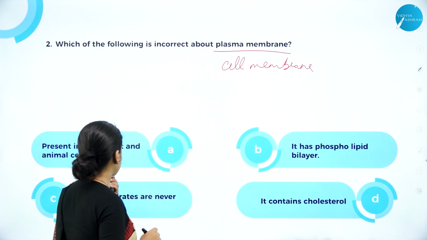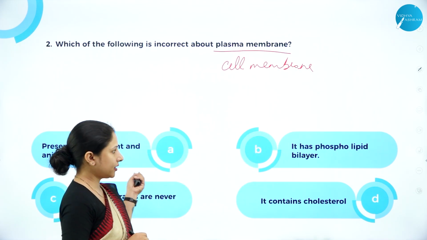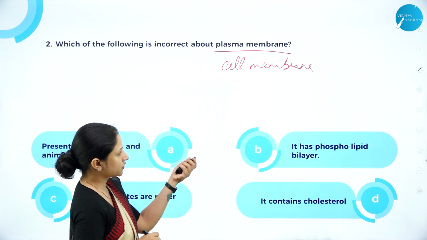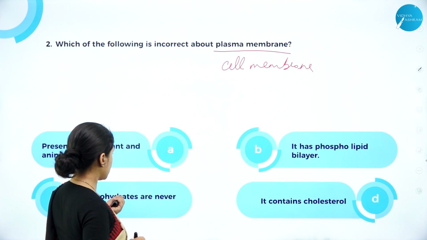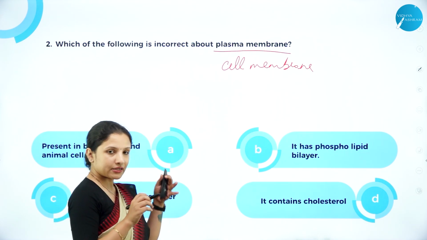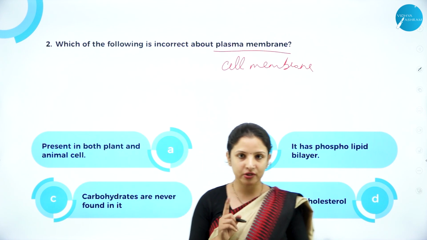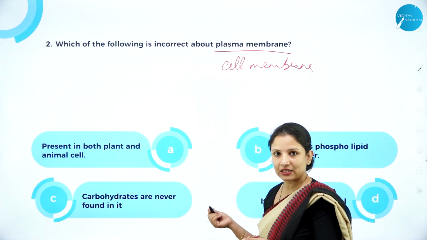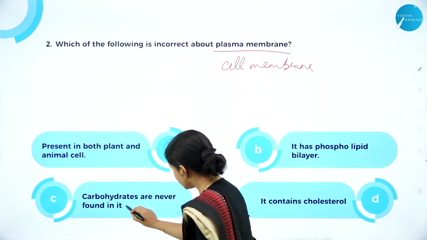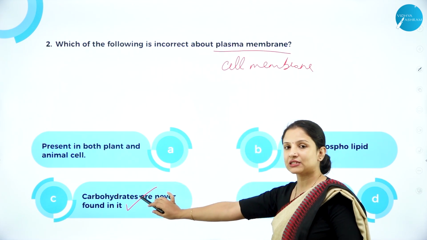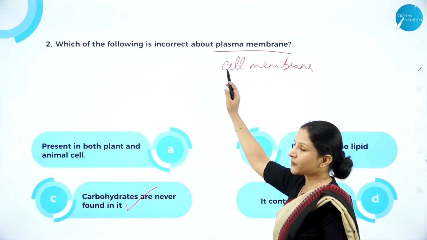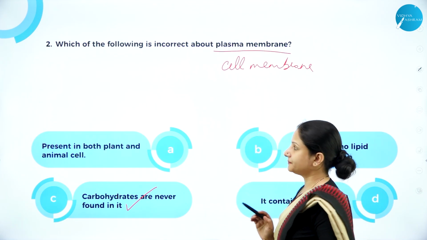It has a phospholipid bilayer. Yes, that is also true. It contains cholesterol. Yes, small traces of cholesterol. Carbohydrates are never present in it. No, they also contain carbohydrates. So option C is the right answer, because this statement is incorrect regarding the cell membrane or plasma membrane.